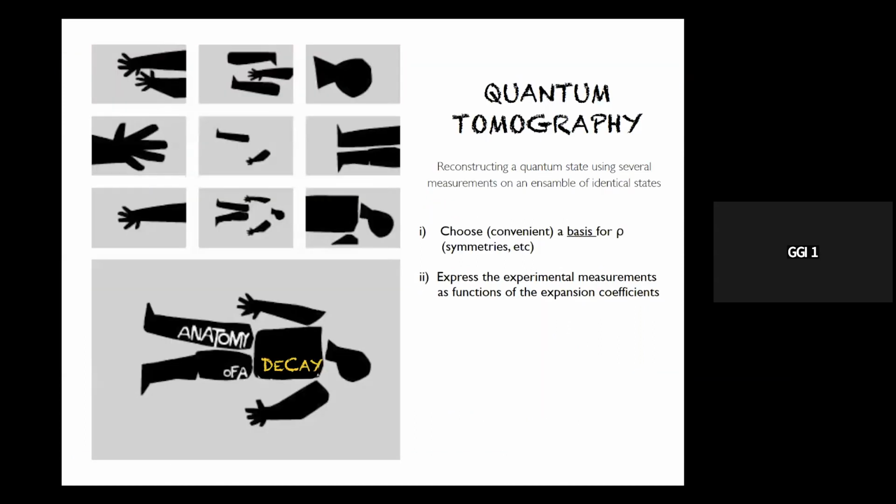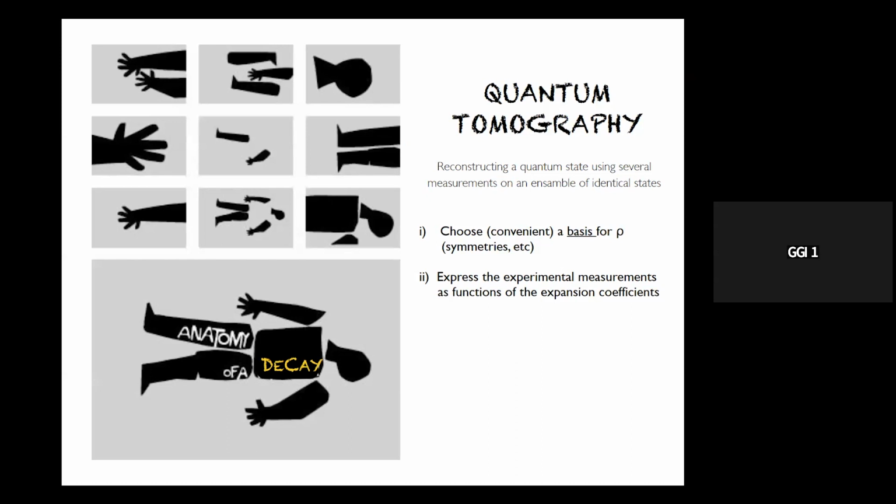Okay, so now we have seen what kind of density matrix we expect from a symmetry analysis. What we have to do now is just reconstruct this quantum state. The process of reconstructing a quantum state from several measurements, from an ensemble of different copies, is quantum tomography. There are 2 points that are important.